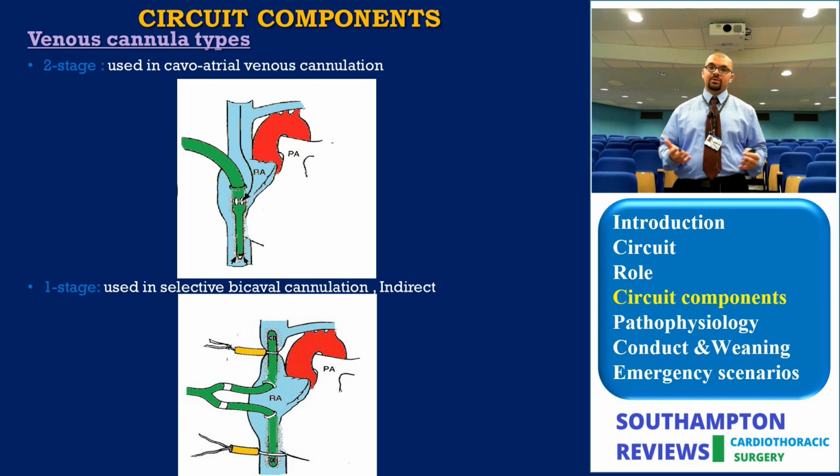Again, it's relative. You might find yourself in a situation in which you are doing cavoatrial, provided you are not going to do a concomitant tricuspid valve surgery. So you are doing indirect bicaval cannulation. You're emptying the right side of the heart. However, the tubes are still in the right atrium, so you have an obscured field if you're going to access the tricuspid valve or a VSD or an ASD. So in mitral valve surgery, you might consider cavoatrial or indirect bicaval cannulation.